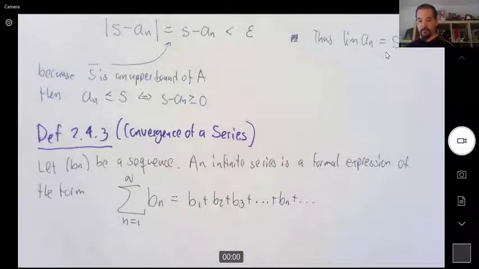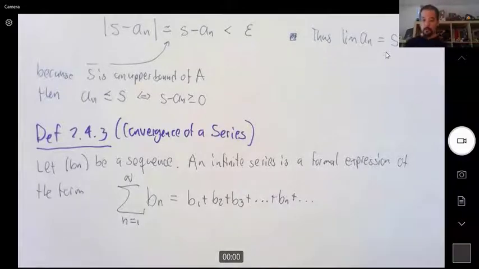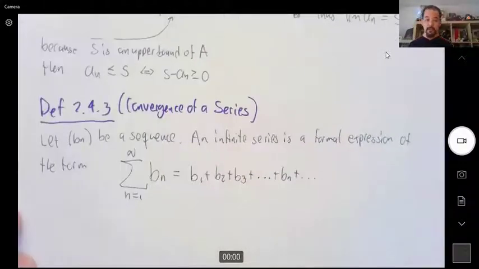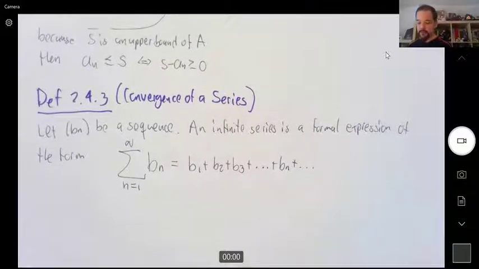Now you'll notice I wrote formal expression because now I'm going to define it. We're going to really define its meaning, and this is important, otherwise we get these crazy things we talked about at the beginning of the chapter, like things that add up to two different things.